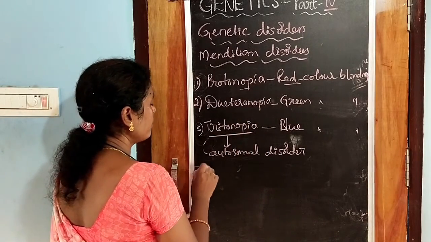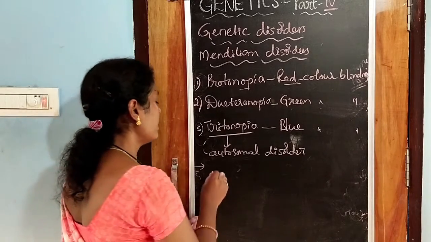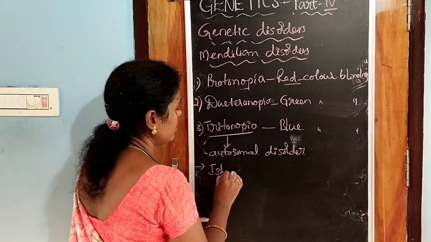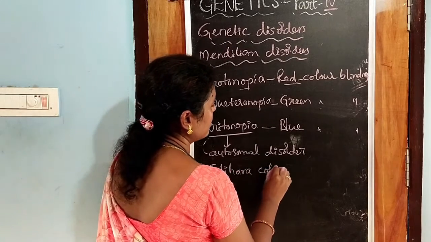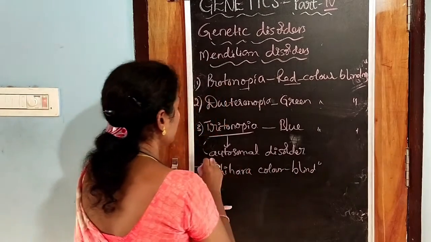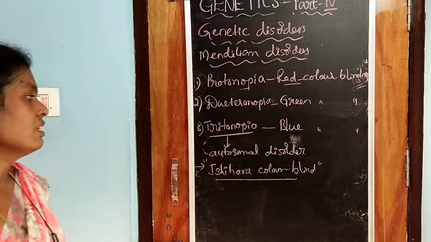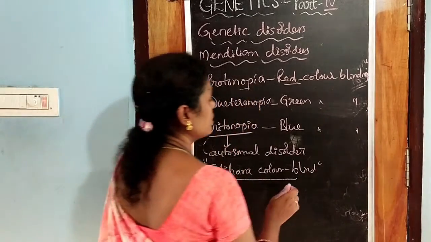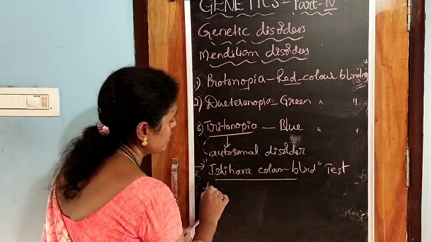So how can we identify color blindness? One test is there: the Ishihara color blind test, which is conducted to diagnose the disease.